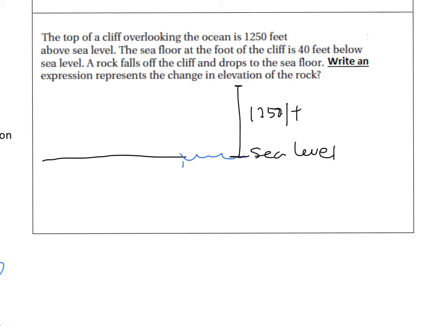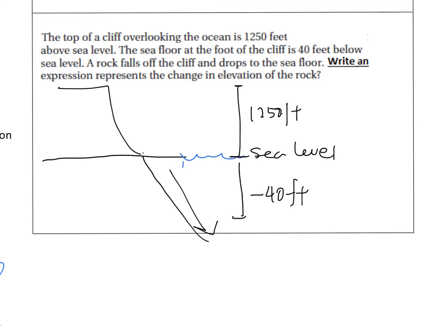So you have a cliff, okay, and then negative 40 feet below sea level. A rock falls off the cliff and drops to the seafloor. And this is the seafloor. Write an expression that represents the change in elevation of the rock.